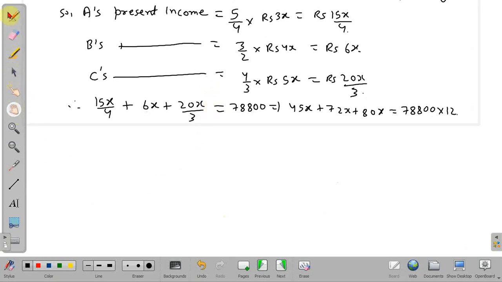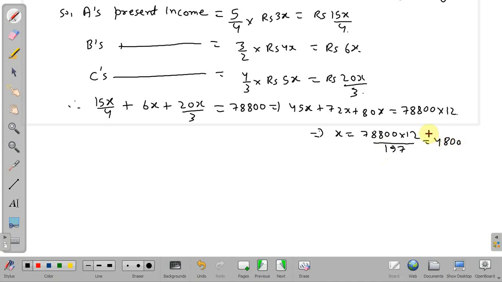So from here we will get x as 78,800 into 12 divided by 197, and it will be equal to 4,800.